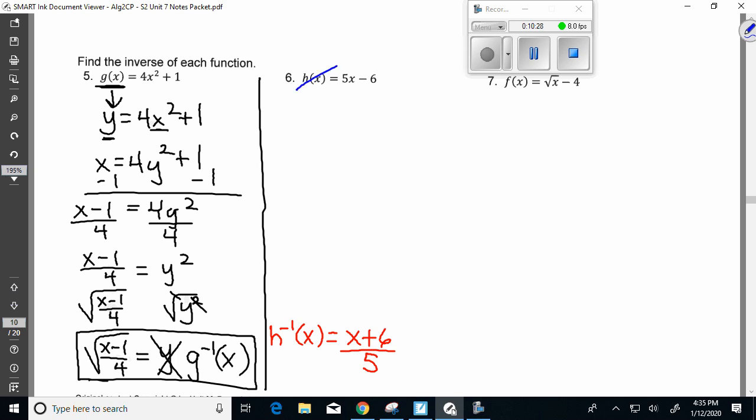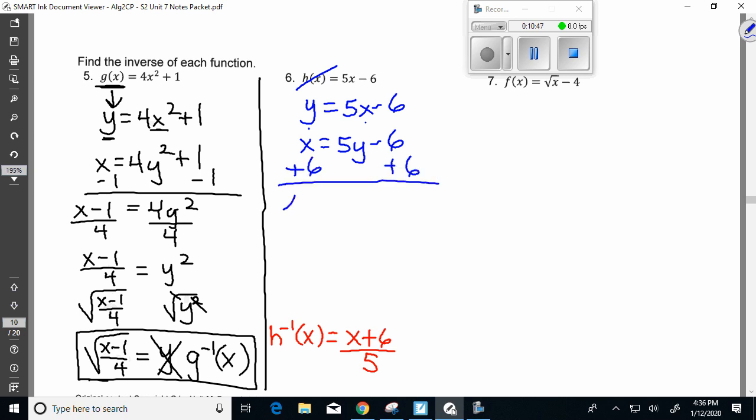Take h of x out, replace it with y. x and y, switch them. Now we can get to work. To get y by itself, add 6 to both sides, and then divide both sides by 5.